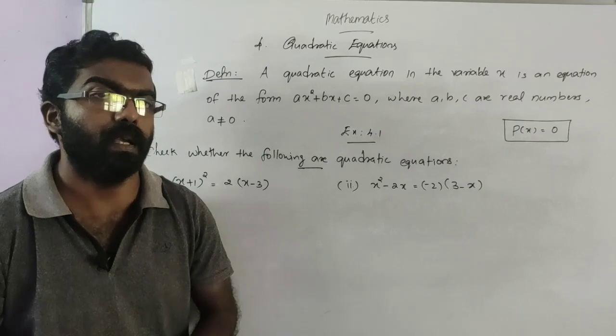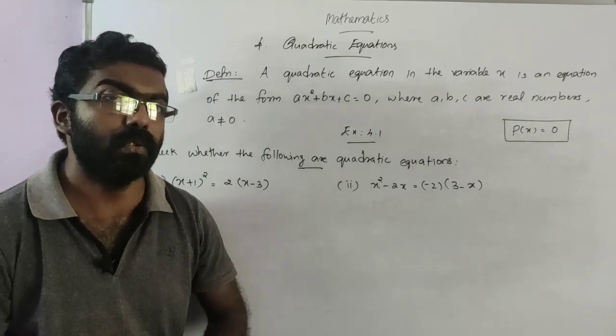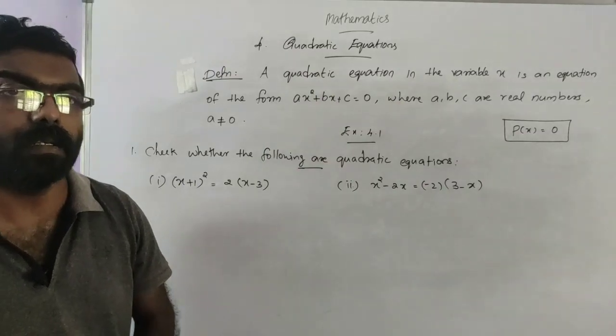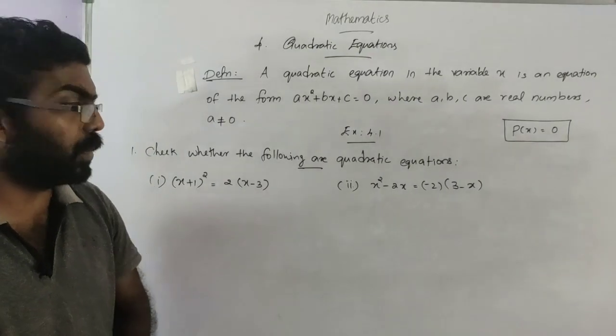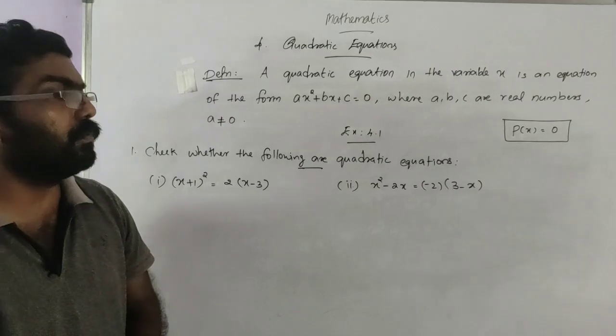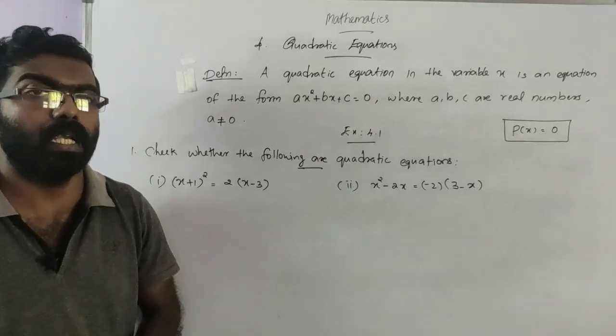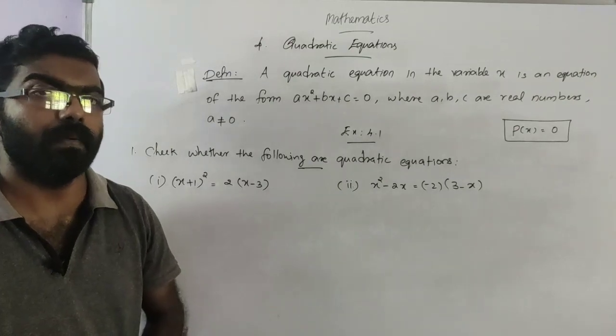If the degree of a polynomial equation is 2, then it can be termed as what? Quadratic equation. Here the first question in exercise 4.1 is to check whether the following are quadratic equations. We are given some equations. We have to check which of them are quadratic equations.